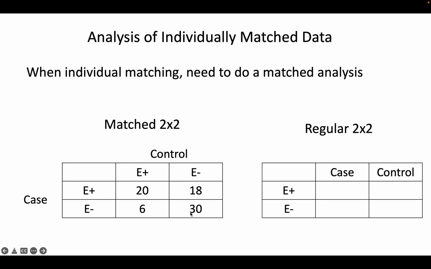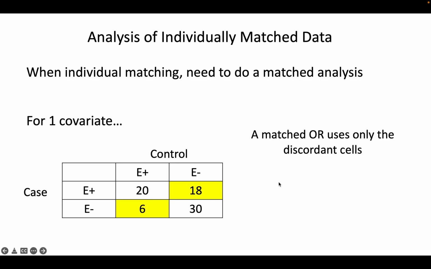Okay, so basically it's these discordant cells that are useful, the times in which the case and control have a different exposure value. And the odds ratio is also different in a matched analysis. It's a ratio of two numbers rather than this over this over this over this, which we're typically used to seeing.